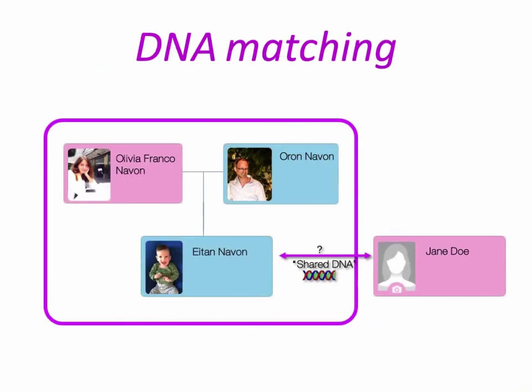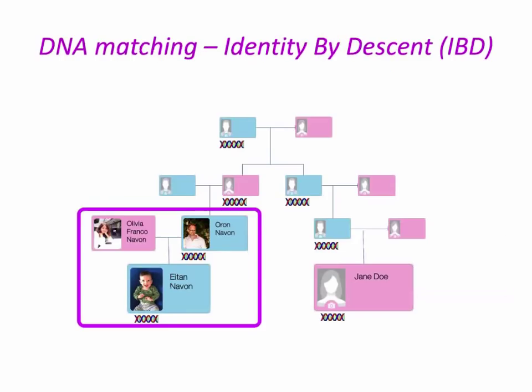So when we're saying that there's a DNA match between two individuals, in this case, Eitan on the left was found to be DNA matched with Jane Doe. And that means that they have shared DNA segments. And when we look at the whole picture and try to understand how, we can see that if we look at their family trees, eventually up there's a common ancestor for both of them, from whom they both inherited that same shared segment.